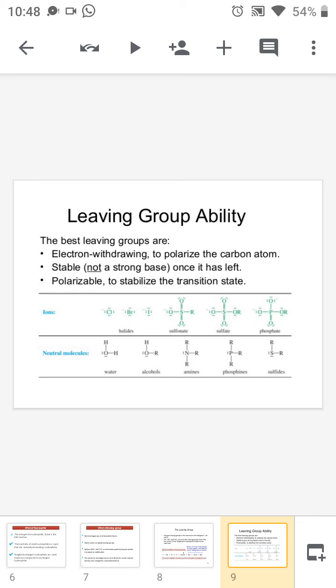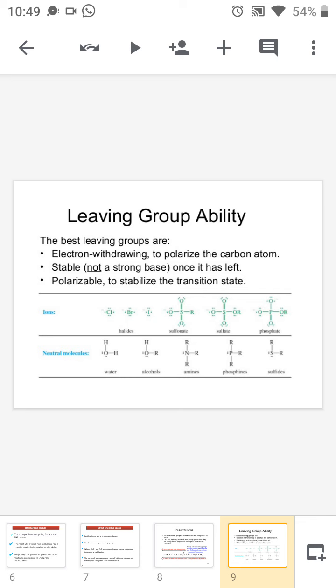Examples of negatively charged leaving groups are Cl minus, Br minus and I minus, and also sulfonate, sulfate and phosphate. We also have neutral leaving groups, for example water, alcohol, amines, phosphine, sulfide. So these are the factors which affect the SN1 and SN2 reactions.